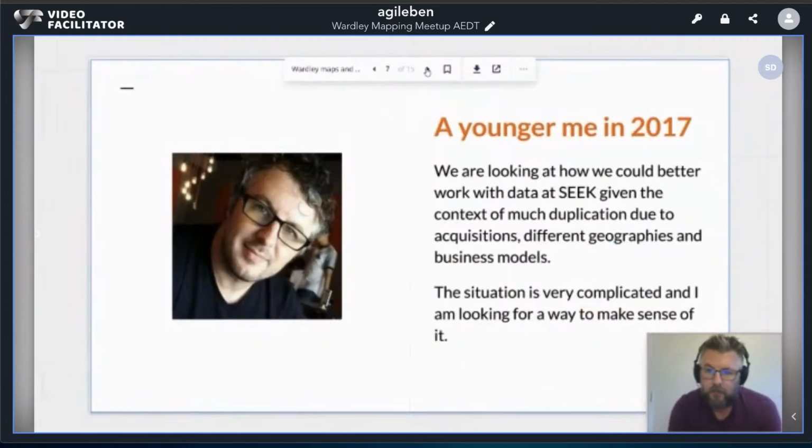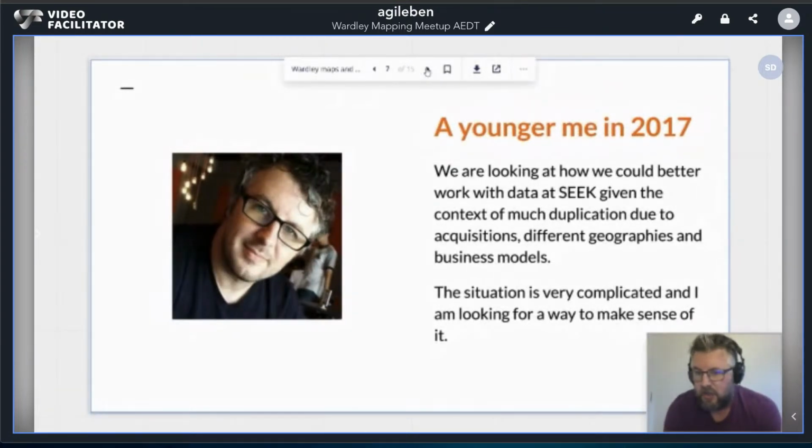All right, so let's set the scene. It's me in 2017. Seek has these acquisitions that we've started to integrate. Some of the acquisitions are JobsDB, which was founded in Hong Kong and had grown out across the Southeast Asian region.